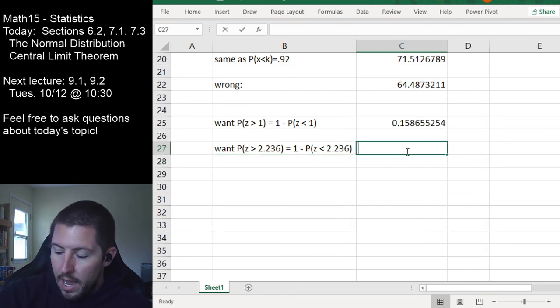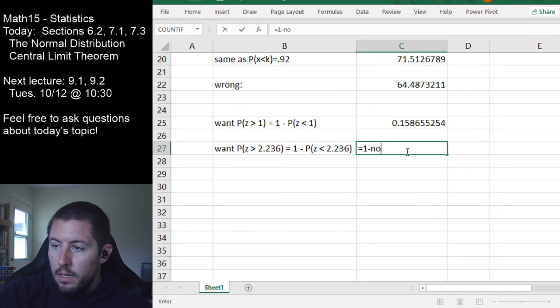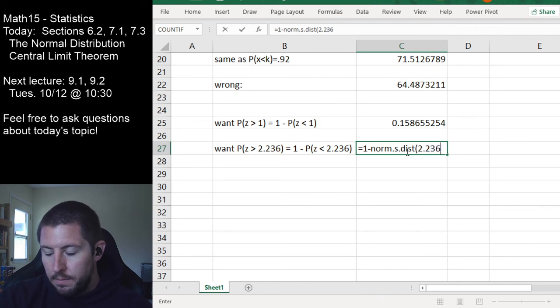I'm going to hit this guy with equals 1 minus norm, because I'm doing a standard normal, because I'm talking about z stuff, norm.s.dist. What's my z value of interest? 2.236. And cumulative is always equal to true.